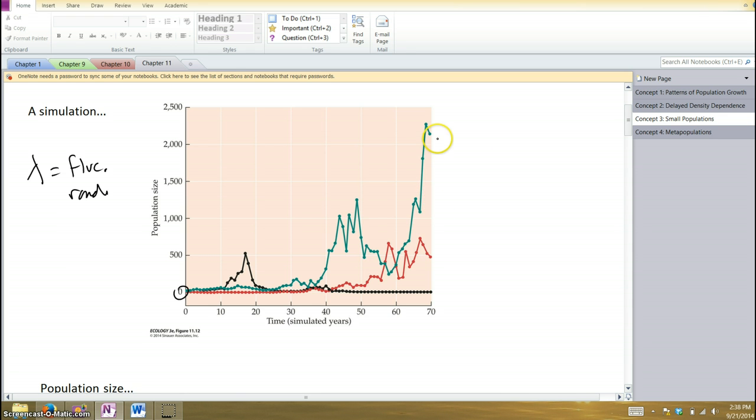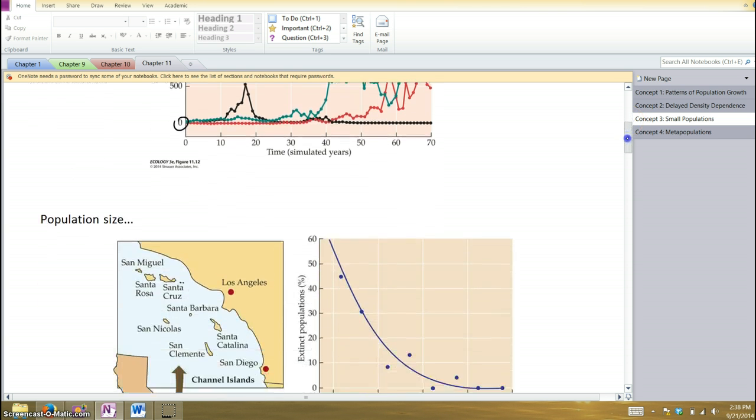Once a population reaches a higher level, it's not as susceptible to extinction because it can handle a few years of limited or negative growth, whereas when you're still relatively small, those few years of negative growth can have an impact on the population.